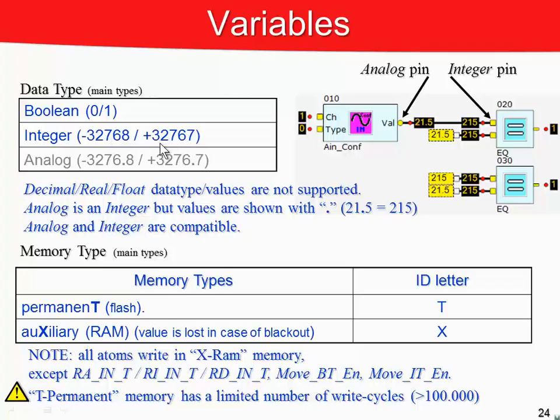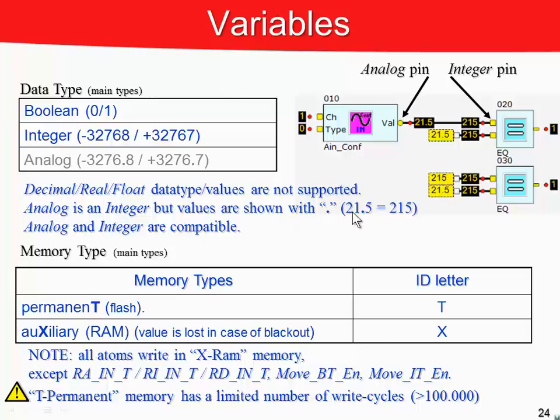But since many values used in the applications of our market are expressed in tenths, in one tool there is a supported data type called analog, that is an integer, you can see here, integer, but the values are shown with the decimal dot.